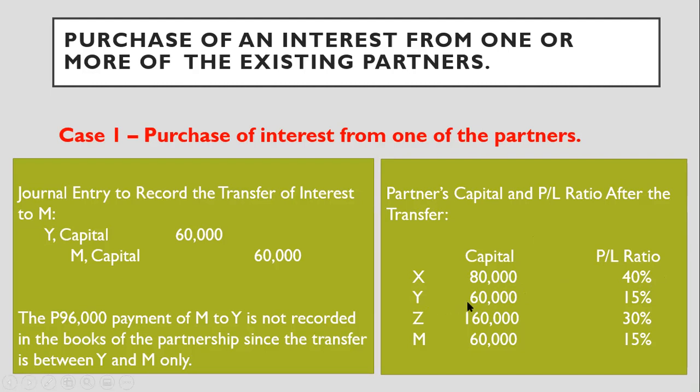Then Y now, since Y transferred one half of its capital to M, from 120,000, Y now will have 60,000. Then the remaining interest is 15%. So from 30%, that 15% or one half of it was transferred to M. For Z, it remains at 160,000 and a P&L ratio of 30%, while M has 60,000 and a P&L ratio of 15%.